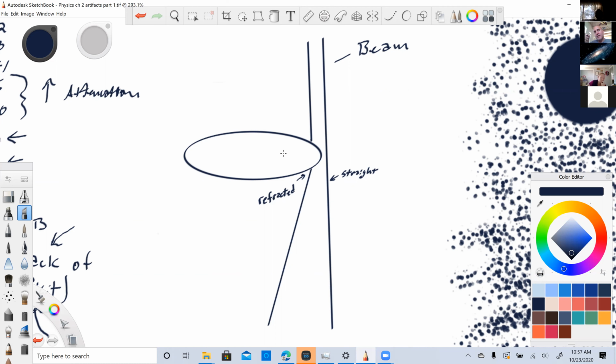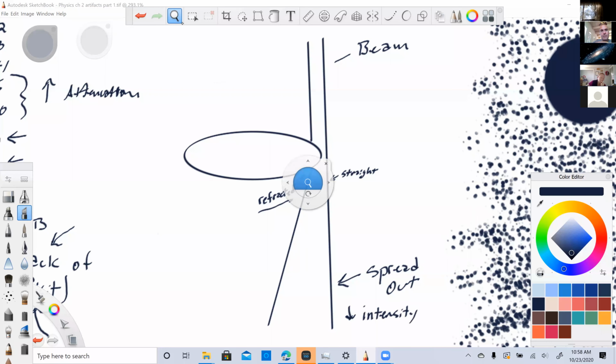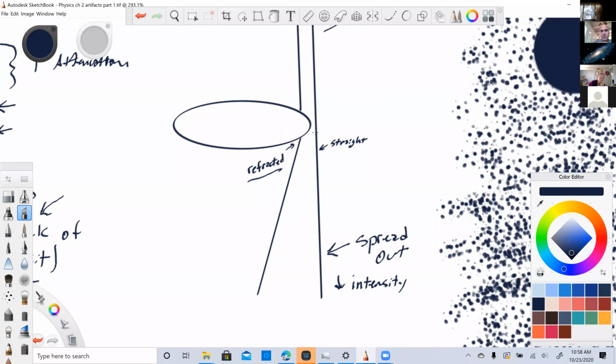Overall power is the same, but the intensity goes up. If you spread the beam out, this is a spread out beam due to refraction, not because of normal beam spreading. This is due to the refraction. This has a decreased intensity and therefore decreased echo strength.